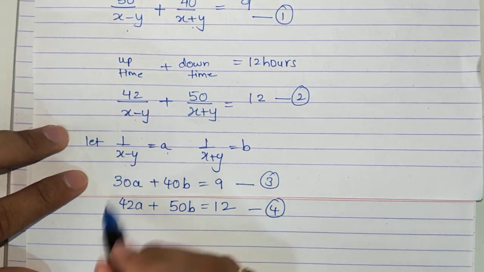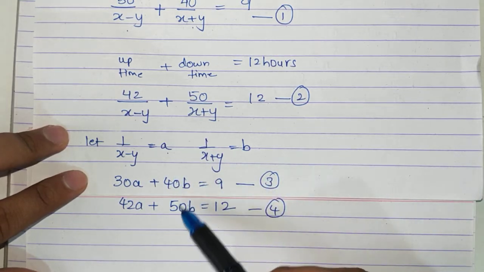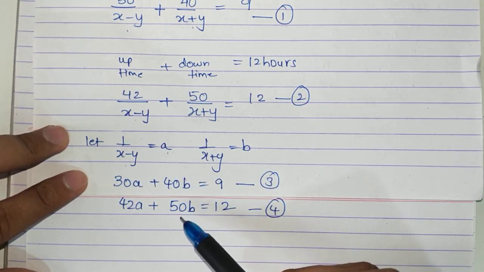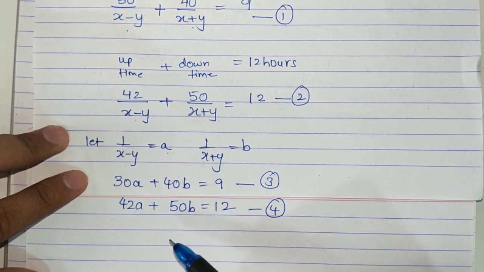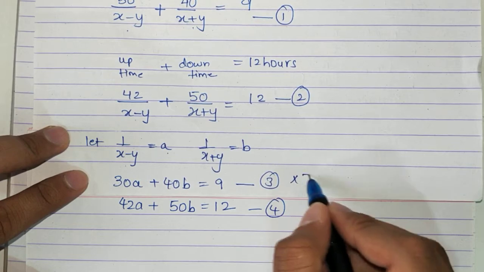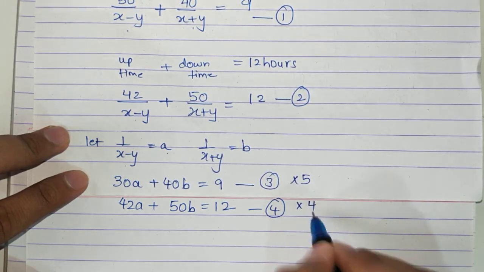I can solve them. Now how to make it equal? 40 और 50. 40 और 50 का LCM, 4 और 5 का LCM होता है 20. So 40 and 50 का LCM is 200. Okay, so multiply this equation by 5 and this equation by 4.